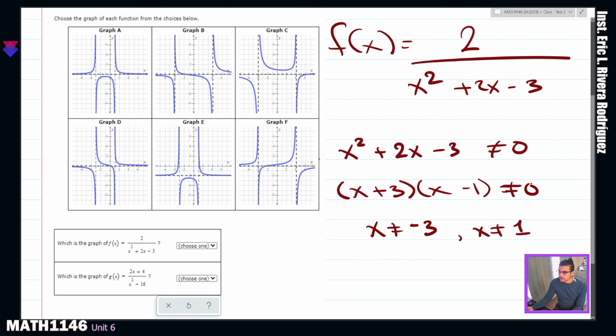So now I will identify which of these graphs have a vertical asymptote at negative 3 and positive 1.